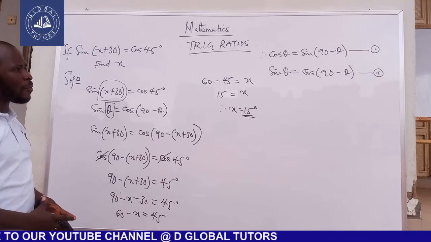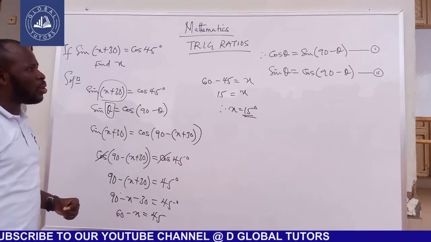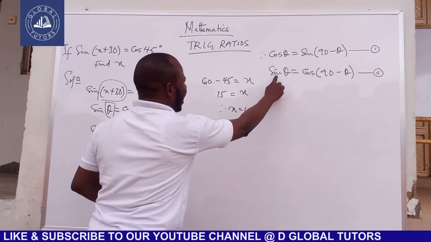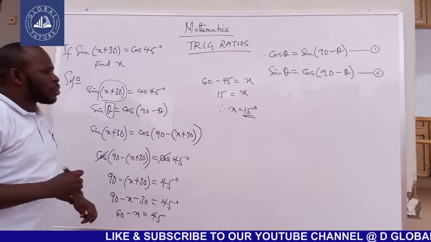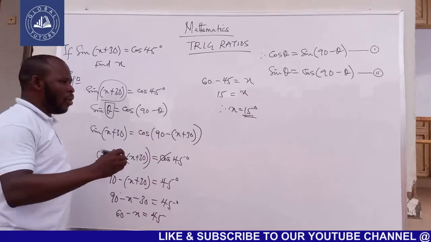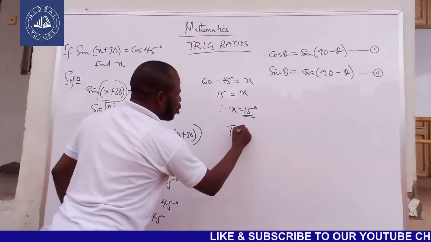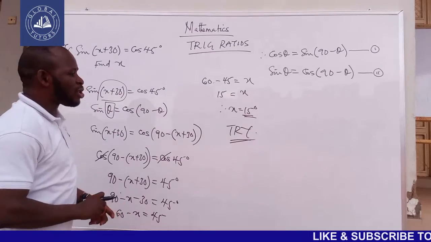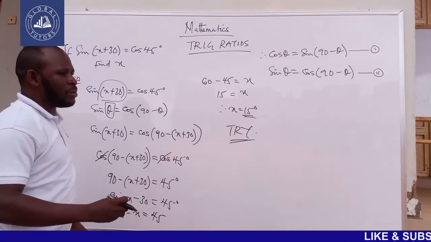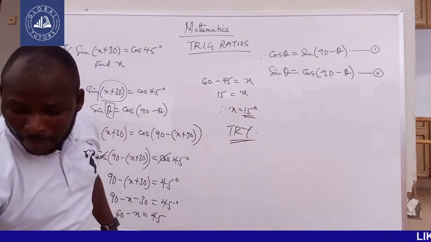I believe with these three examples that I have solved, I've been able to show you how you can solve questions relating to the relationship between sine theta and cos theta. I'll give you some questions to try on your own, so that it will not just be that you are learning. You need to work on some examples so that you can solve it by yourself.